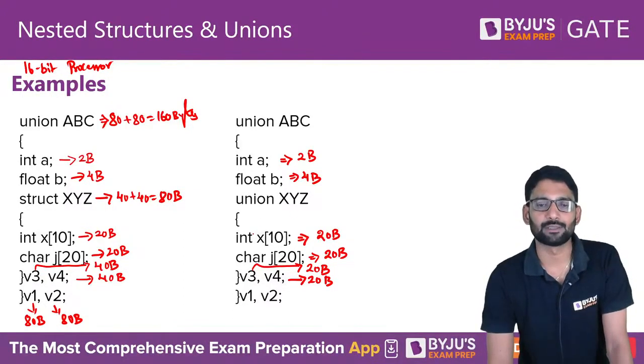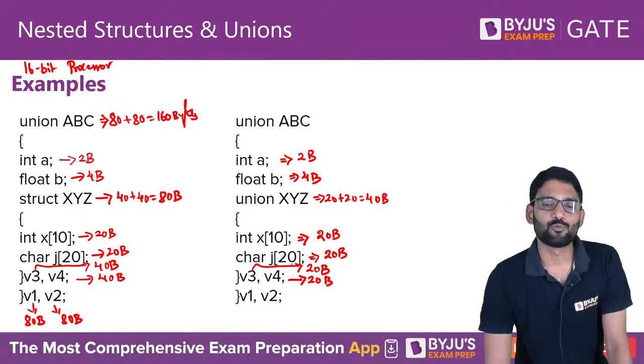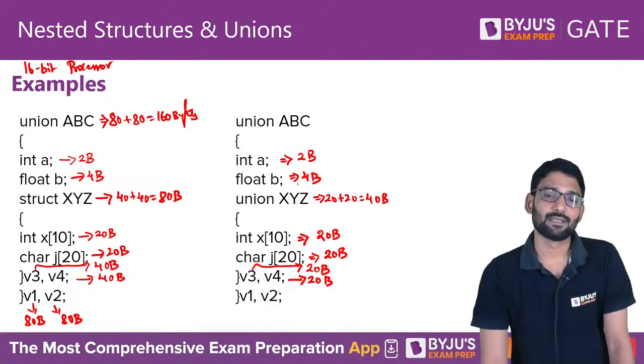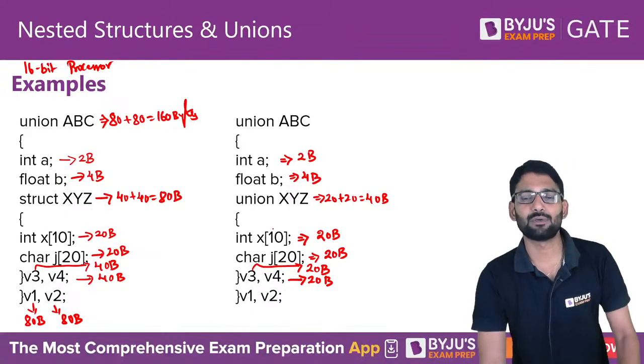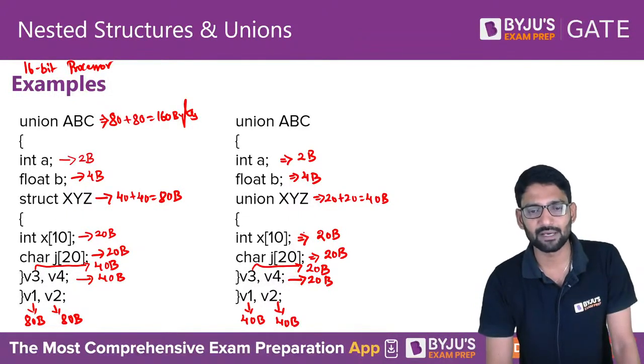Now union size is 20 plus 20, 40. Now V1, V2 are again variables of union. So max of 2 comma 4 comma 40, 40. Hence V1 size would be 40 byte, V2 size would be 40 byte, ABC size would be 40 plus 40, 80 bytes.